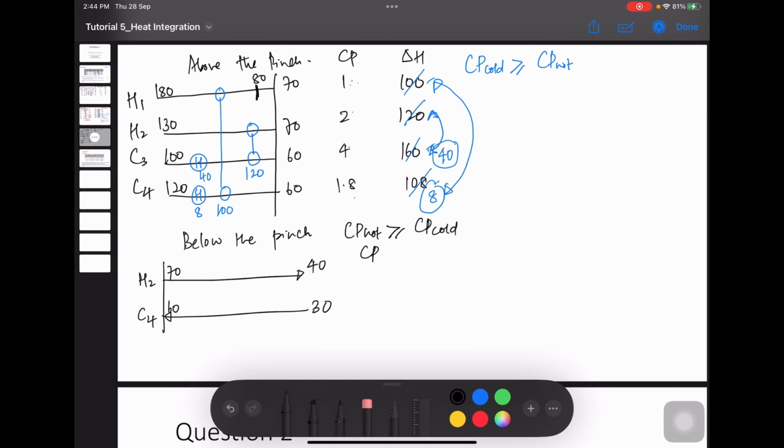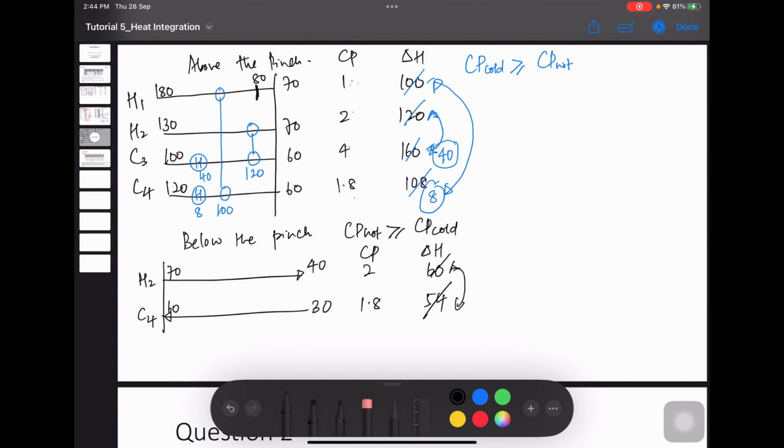So what are the Cp of the streams? 2 and 1.8. Then we need to find delta H. Again, delta T times Cp: 60, 54. So is Cp hot greater than Cp cold? Yes, so we can exchange the heat. The maximum we can exchange between these two streams is 54.